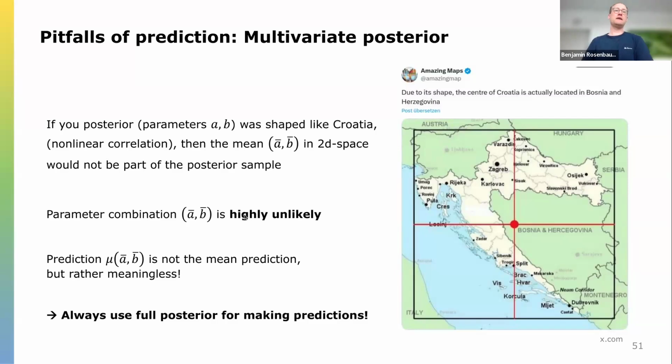So it's highly unlikely, and making predictions with this highly unlikely parameter combination is completely meaningless. So always use the full posterior for making predictions. Do not just extract mean values and do further analysis with these mean values. You have access to this whole range of uncertainty. It's all correctly quantified in the MCMC, so you can use that.